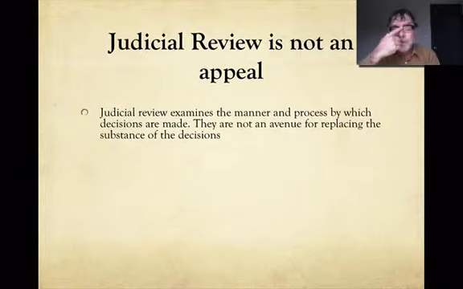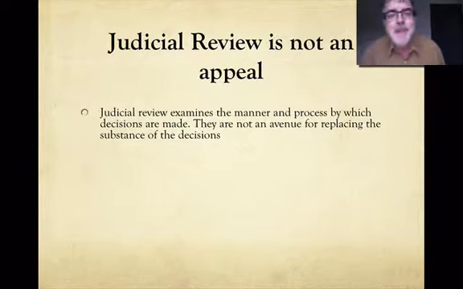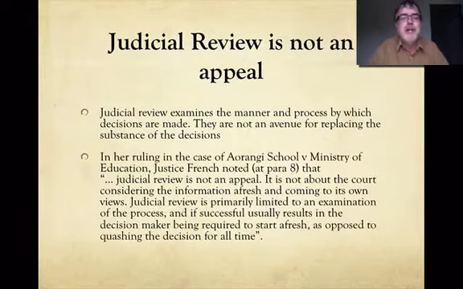Now, judicial review, you need to remember, is quite distinct from an appeal, in the sense that judicial reviews examine the manner and process by which decisions are made. So they don't sit down and make decisions for the decision makers and say you got this wrong. In substance, they look at the way in which the decisions were made.